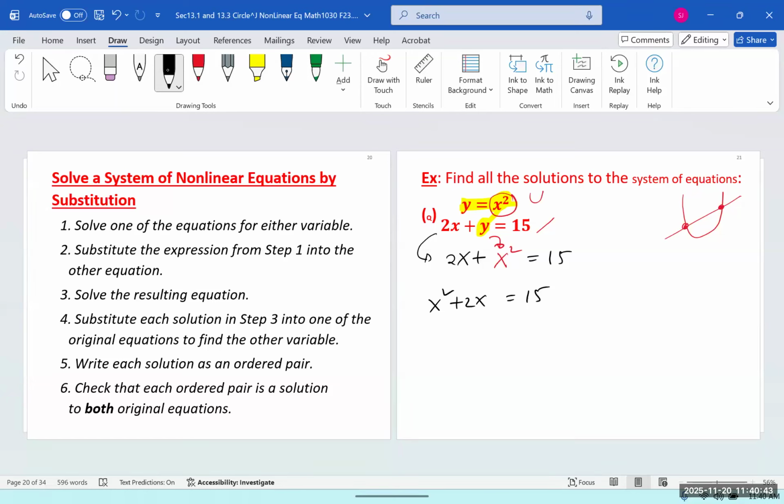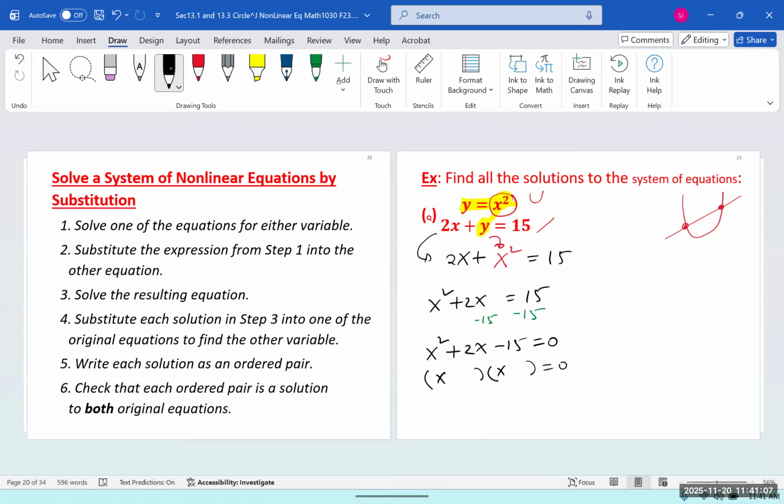So you have two methods. If it's factorable, you factor. If it's not factorable, you use the quadratic formula. But in order to do that, we must bring 15 from right to left. So x squared plus 2x minus 15 equals 0. Is it factorable?